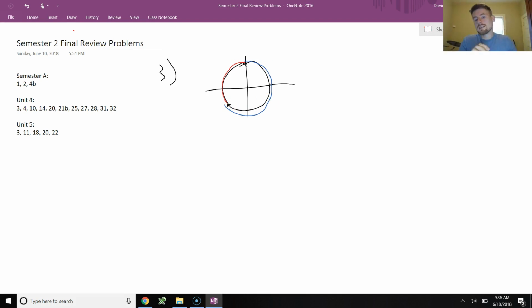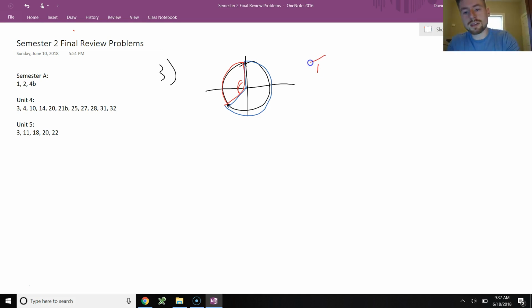So if I find the angles in radians, I will know these two arc lengths, because if I know this angle, or either angle for that matter, then that angle in radians is the length of the arc.